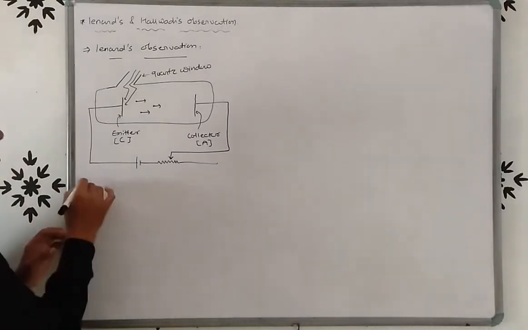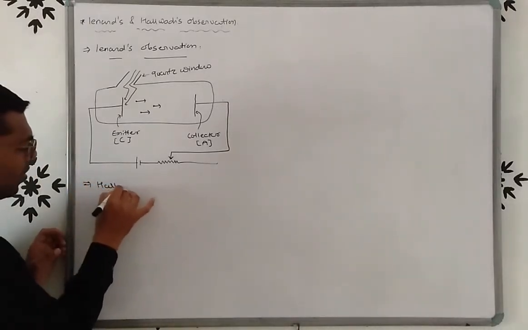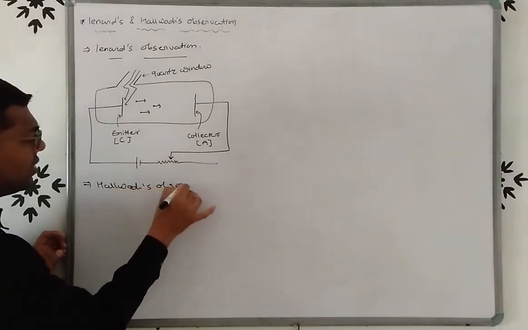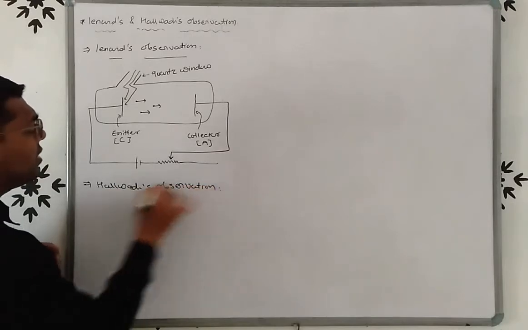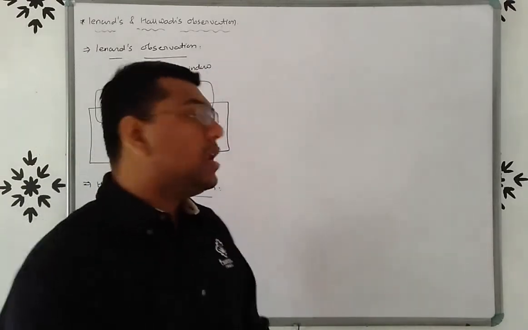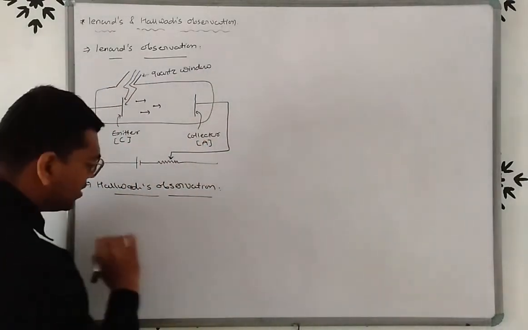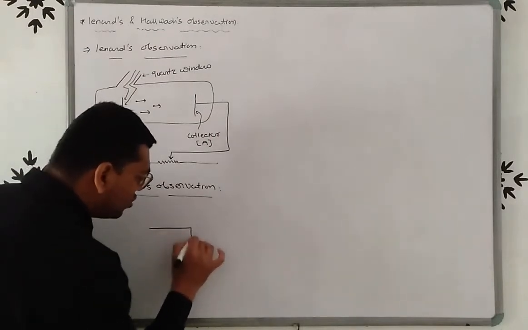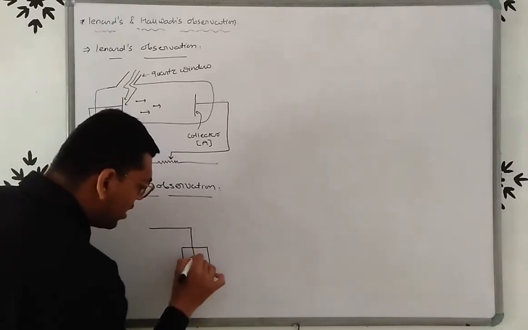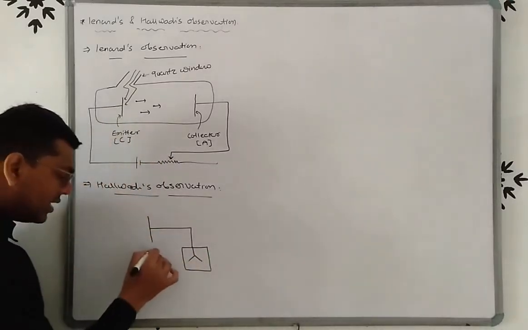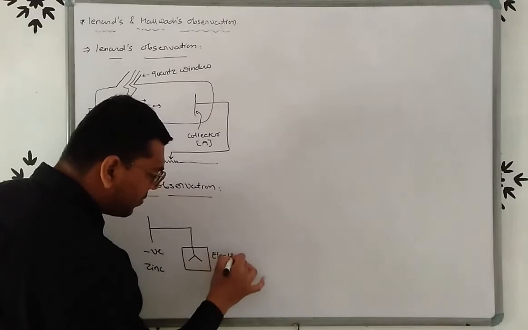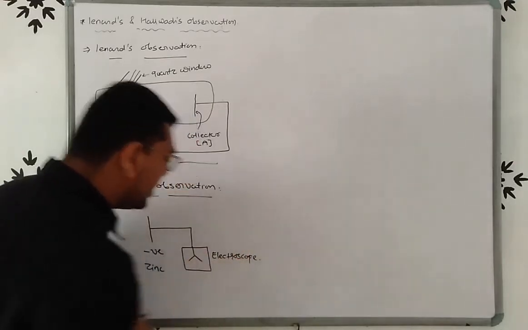Now friends, we discuss Hallwachs' observation, right? Now friends, in Hallwachs' observation, Hallwachs joined the negatively charged zinc plate to the electroscope like this, right?